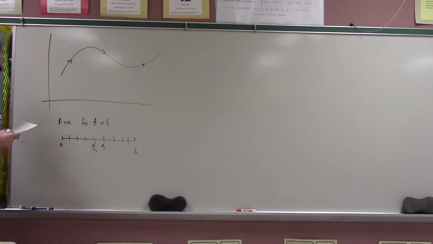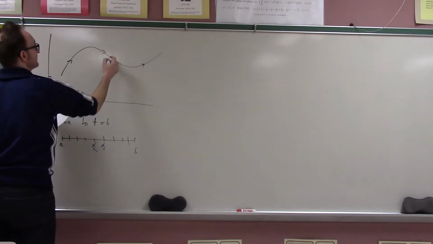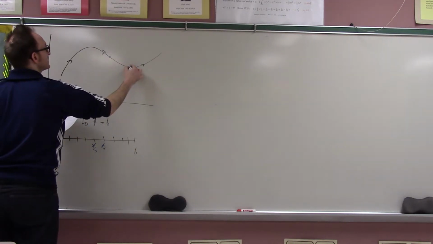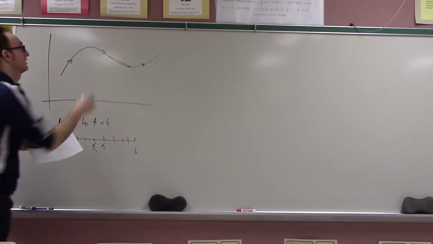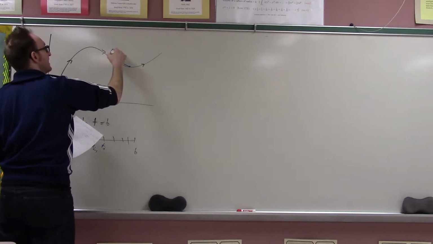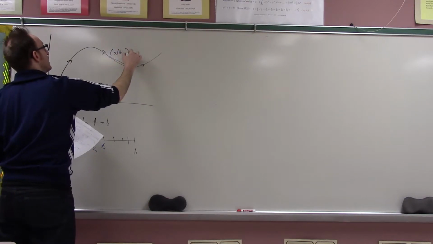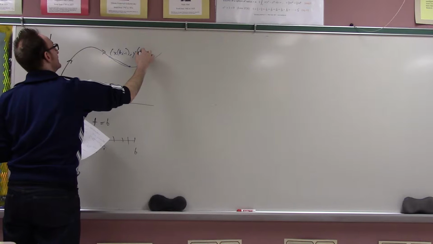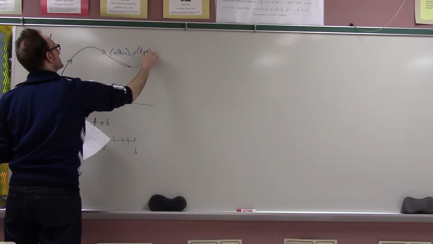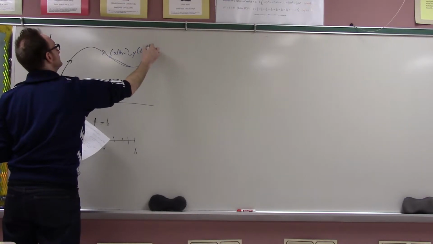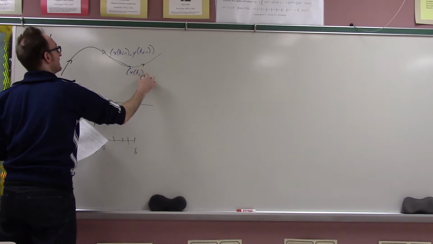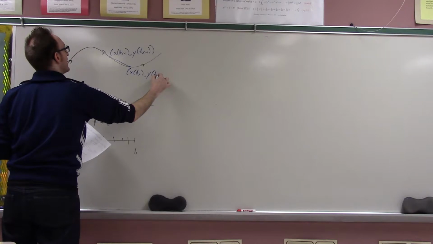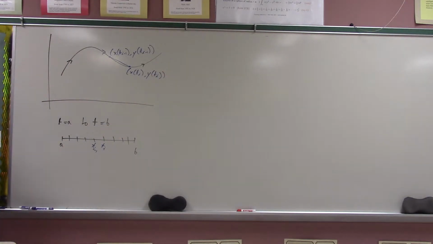On any very small interval, I am making some very small change in the value of my curve. So let this point have coordinates x of t sub i minus 1, y of t sub i minus 1, and this point down here is x of t sub i, y of t sub i.